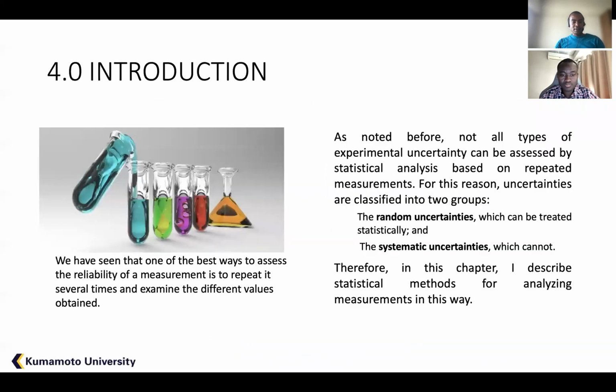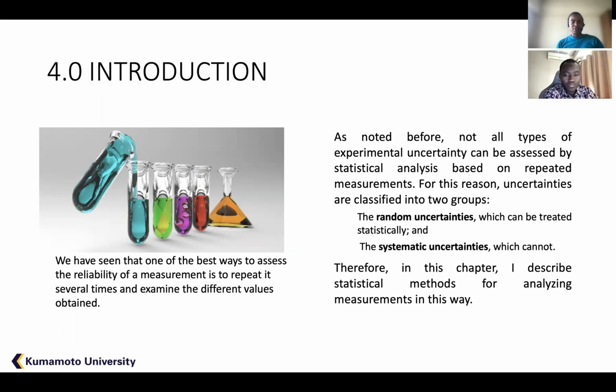So we have seen that when you repeat experiments, you're going to have several data values. Now, for you to get the right estimates of the values, you need to find the average of the obtained values statistically. But other measurements are very difficult to deal with statistically.